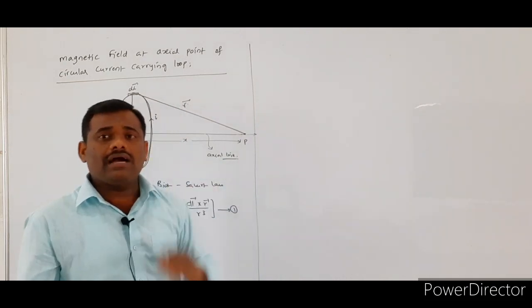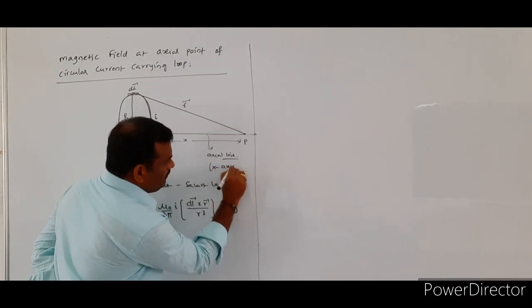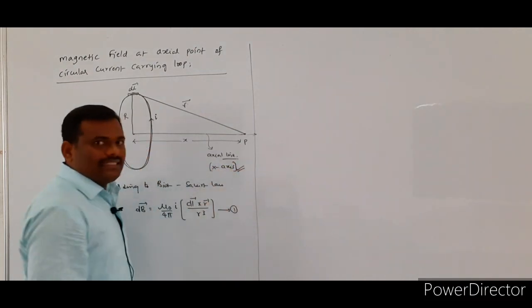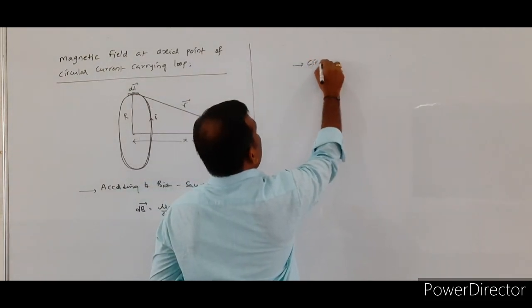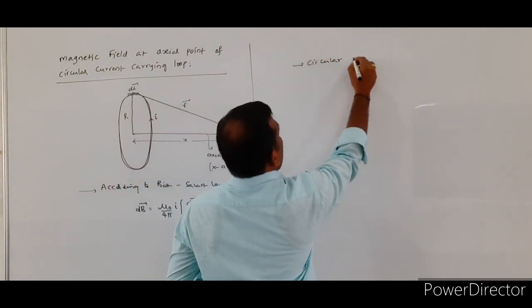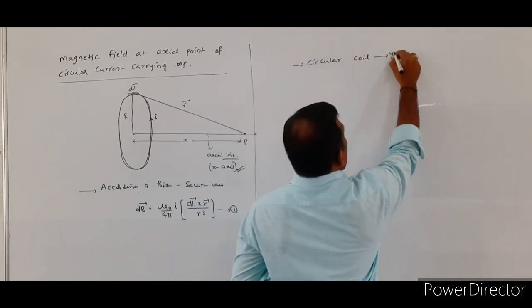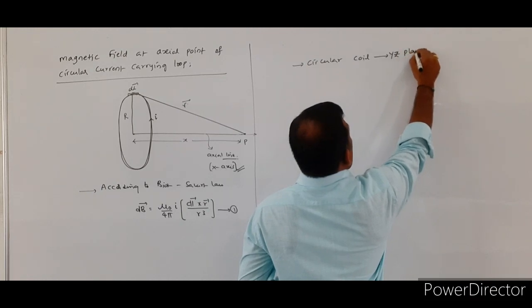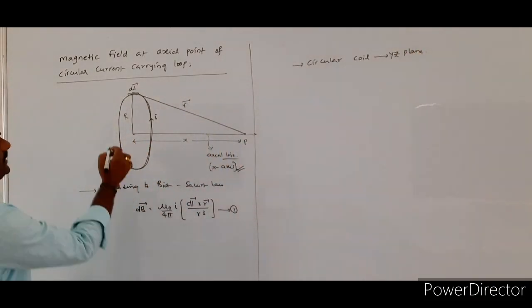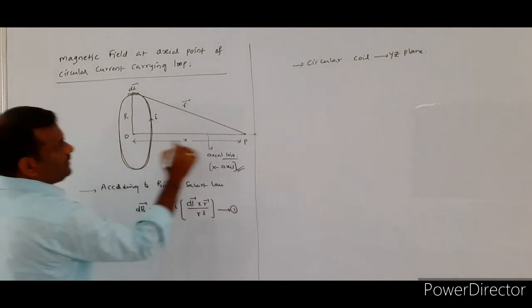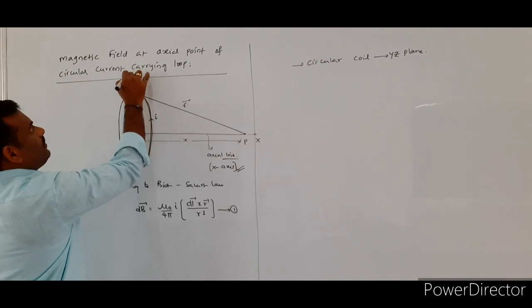The axial line will be passing through the x-axis, and the circular coil is placed in the YZ plane. So this is the origin, this is indicating the x-axis, and this line is indicating the y-axis.